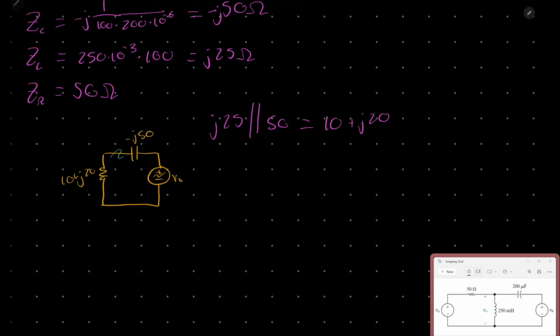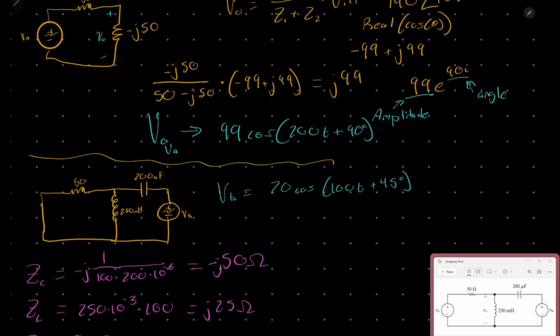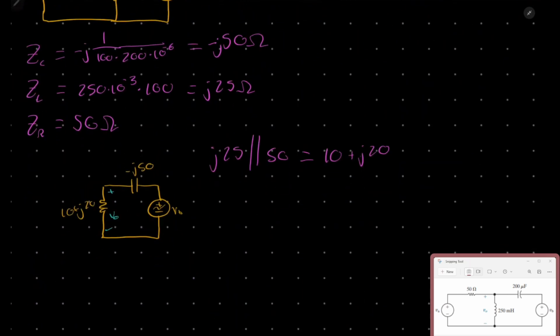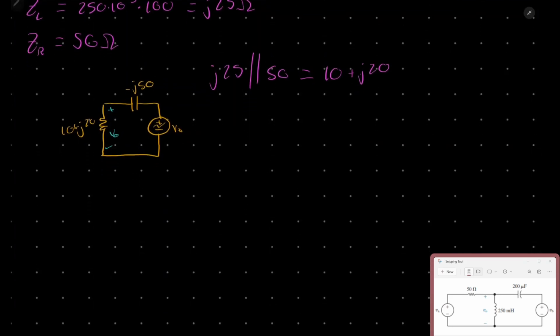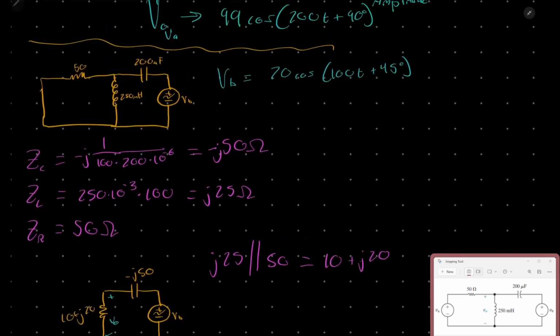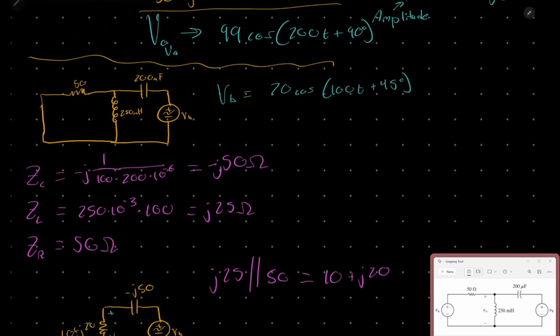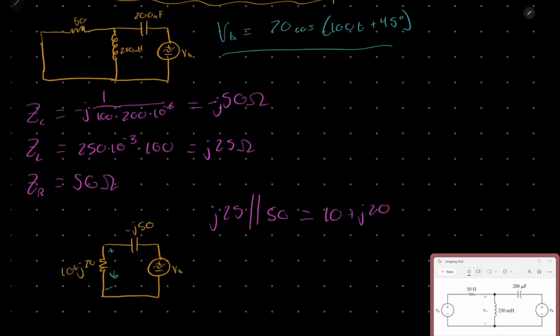And remember, we are trying to get this voltage right here, and this is again a voltage divider. So we can use our voltage divider equation that we used up here. Again, we can use it again. First, let's take our sinusoidal voltage function right here and convert it into rectangular form.